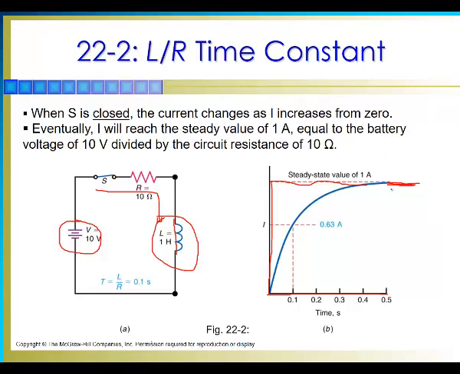Okay, so this whole 5 time constants is called the transient response, and the time that it takes for the current to reach the first 63% of its value will be one time constant. Okay, 5 of these will get you to the steady state value.